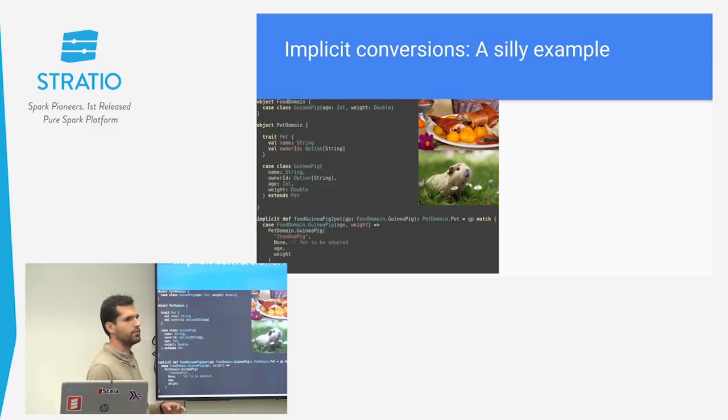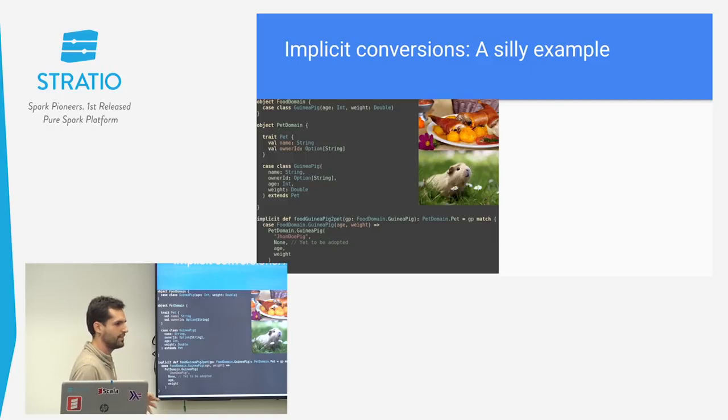So it has to handle two databases and two domains. We have the food domain. So we have a way of representing guinea pigs as food. As food, they only care about age and weight. Those are the important parameters here, because we are in the food domain. We don't give anything else about the guinea pig.